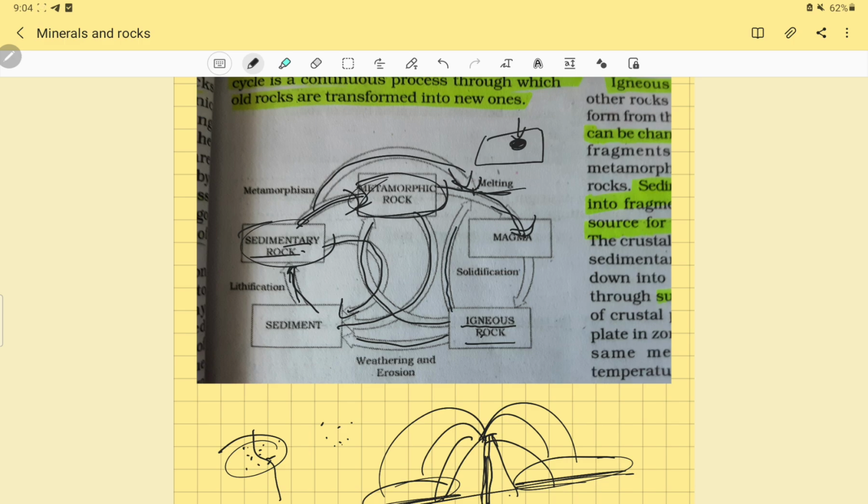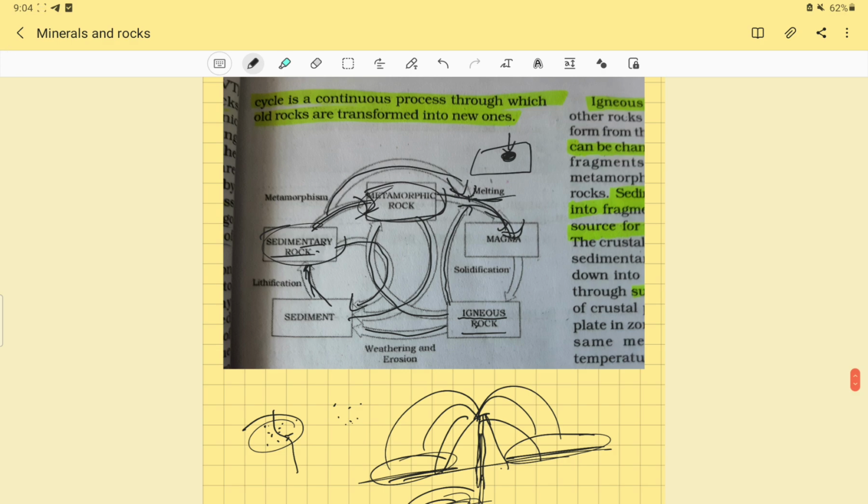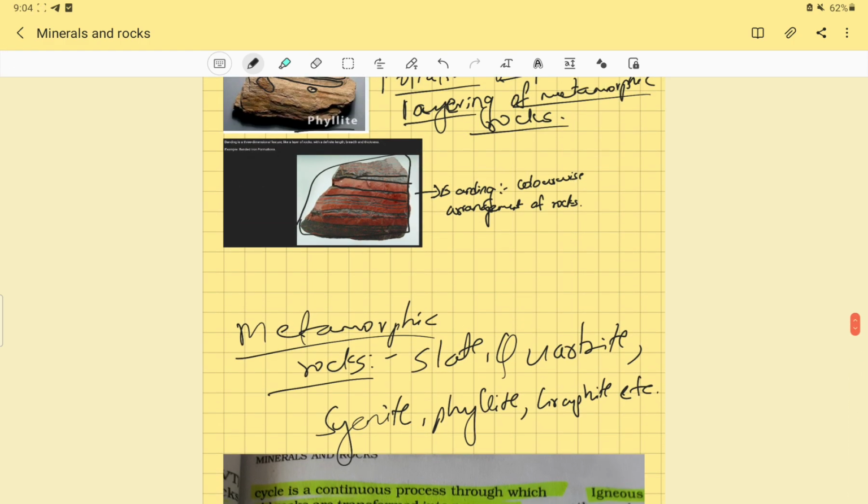Igneous rock can also be melted to form magma. So this is a rock cycle. It's just to show that igneous rock can form both sedimentary rock and metamorphic rock. Sedimentary rock cannot form igneous rock. It should first melt to magma, then igneous rock can be formed. Same with metamorphic rock. So I hope this is clear to everyone.